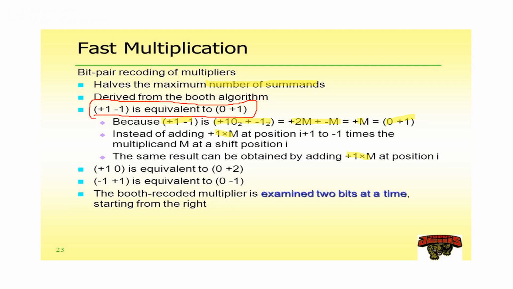Similarly, we have one more set, that is plus 1 comma 0, which is equivalent to 0 comma plus 2. Similarly, minus 1 comma plus 1 is equivalent to 0 comma minus 1. The Booth recoded multiplier is examined 2 bits at a time, starting from the right position.